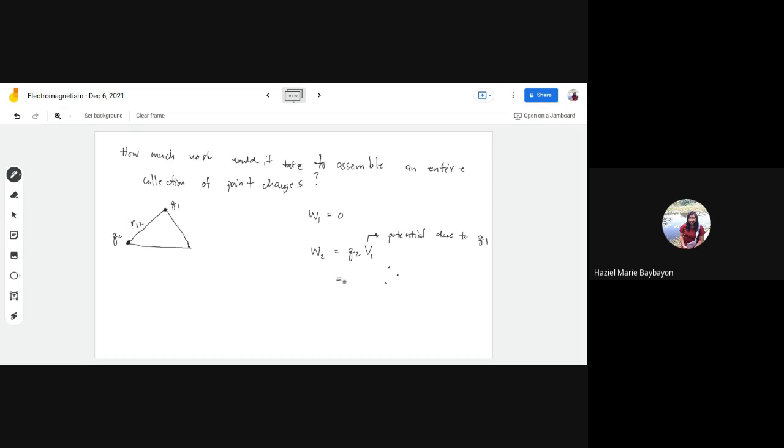Then this is equal to Q2 multiplied by 1 over 4 pi epsilon naught times Q1 over R1,2. Or we can rewrite this as 1 over 4 pi epsilon naught Q1 Q2 over R sub 1,2. So this is the work.